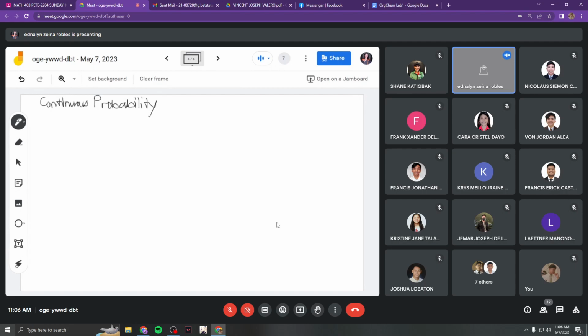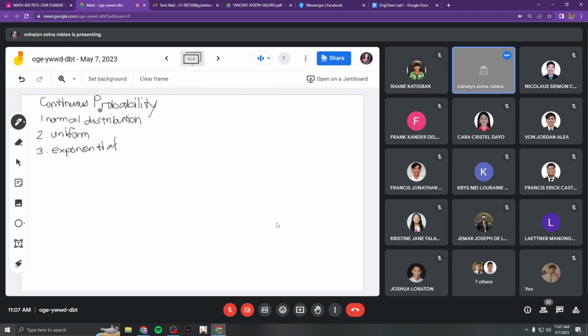In continuous probability, we will be tackling three families also, which includes the normal distribution. I knew you've heard this a lot of times during your grade or senior high school years. So you do have ideas on what normal distribution is, on what a uniform distribution is, and the third one is the exponential distribution.